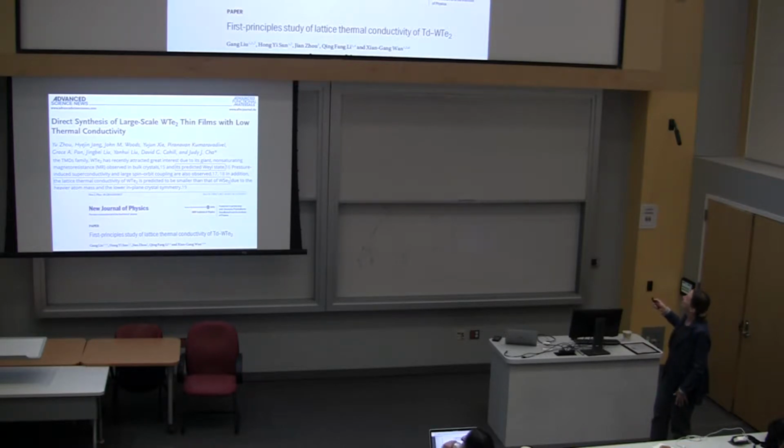The tungsten ditelluride has a predicted Weyl state. That's a first principles band structure calculation. The lattice thermal conductivity is also predicted in this paper that I've shown down here.